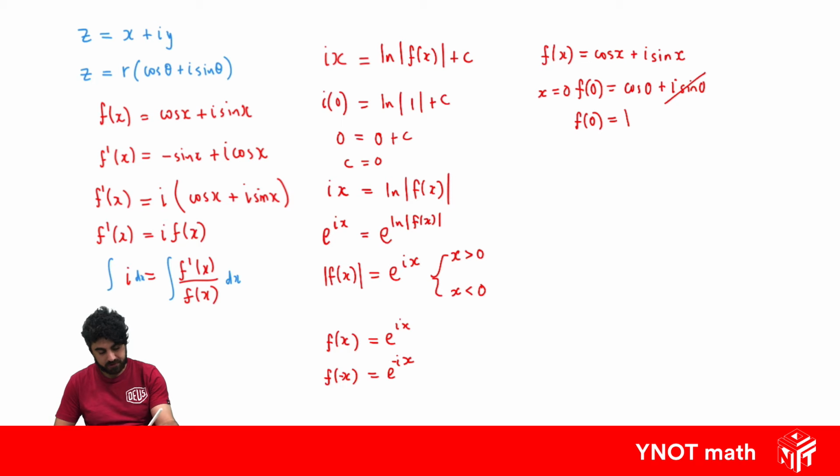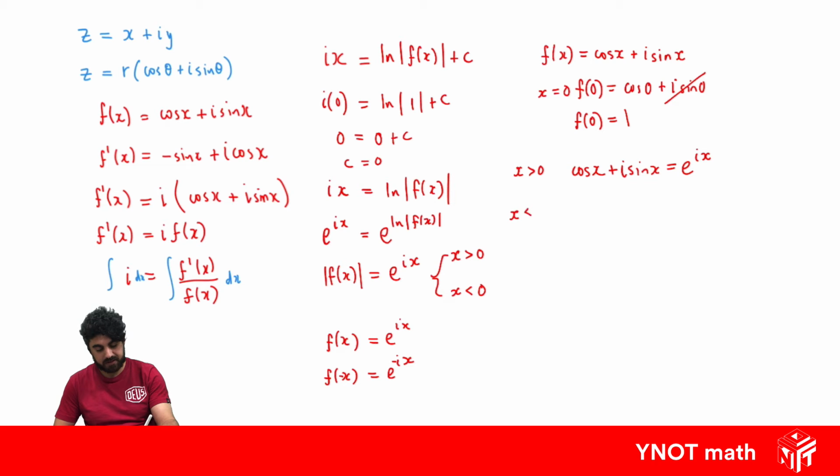So let's look at the case where x is greater than 0 first. We're going to get cos x plus i sine x equals e to the ix.